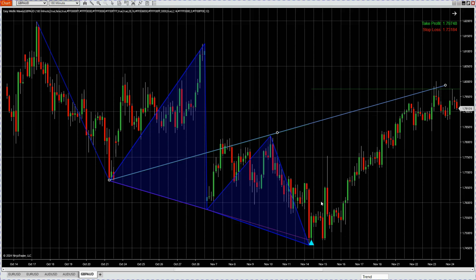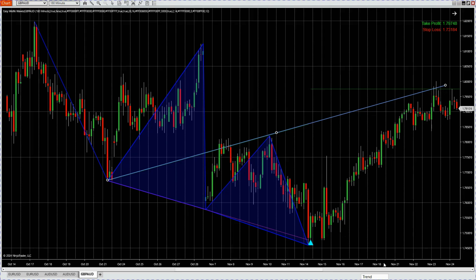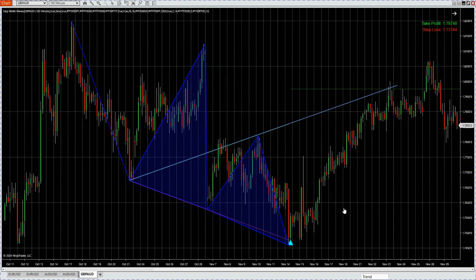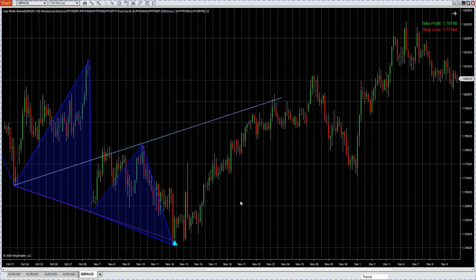Now if we zoom out a bit, we can see that this just keeps right on going. So if we extend that line all the way out to here, it continues to capture all the way to this point here.